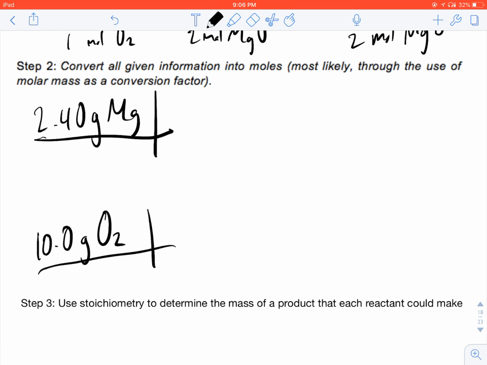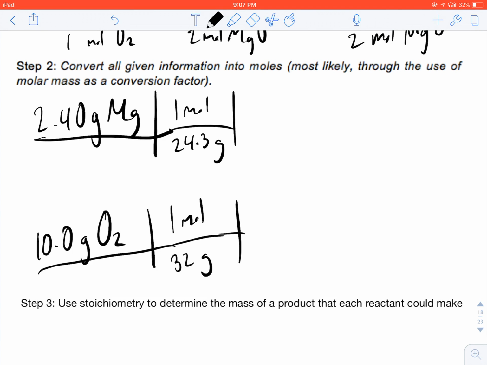So since we're given the mass values in grams, right, we need to divide by the molar masses. So magnesium's molar mass is 24.3 grams per mole. Oxygen gas molar mass is 32 grams per mole.